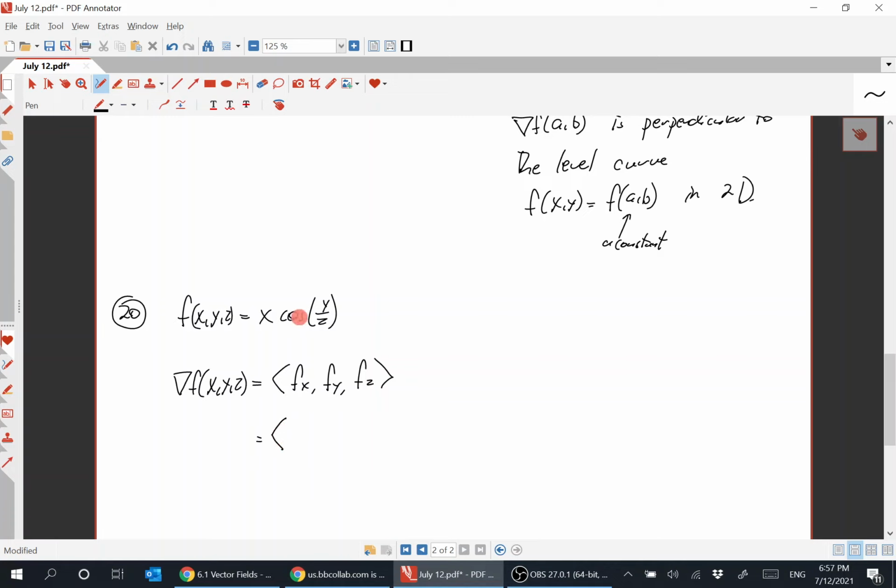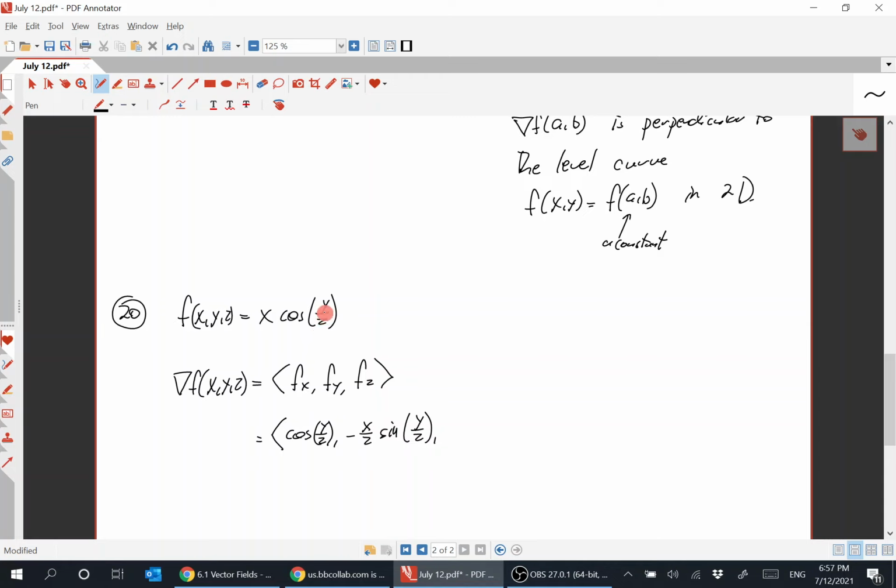So here, this is constant with respect to x, and that's just x. So this is cosine y over z. For y, what do we have here? Minus x over z sine y over z. And then for z, what do we have here?